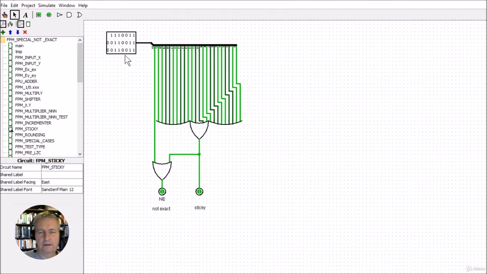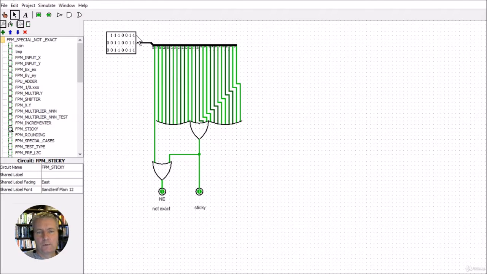Now the sticky bit contains the 23 least significant bits. So that's the 23 bits we're looking for. And remember, whenever we worked out the sticky bit, we only looked at 22 of those bits, up to this point here, because the next bit up was called the gap bit, and we were ORing all of these 22 bits.